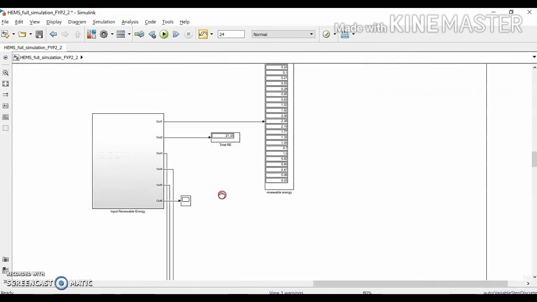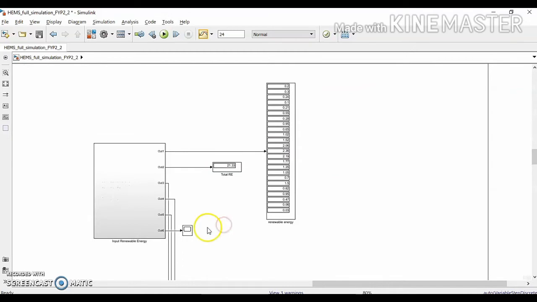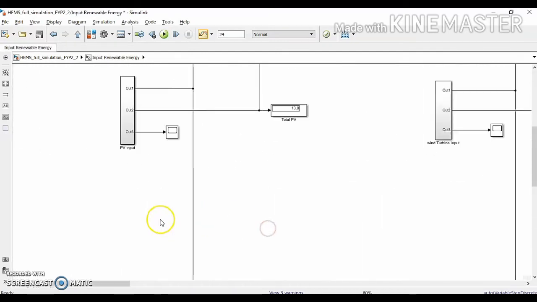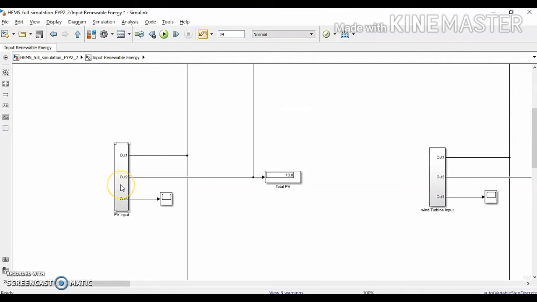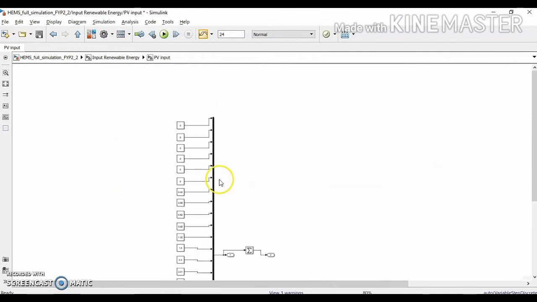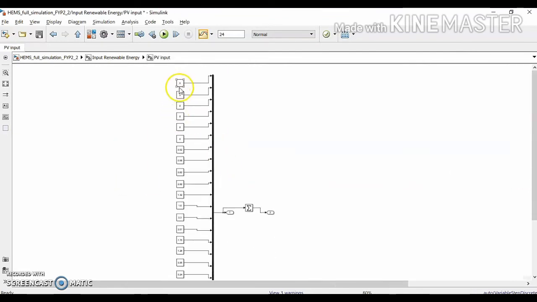So we enter the second layer. This is the input for the small renewable energy. This is for the PV input, which I have put in, referenced by the hour.